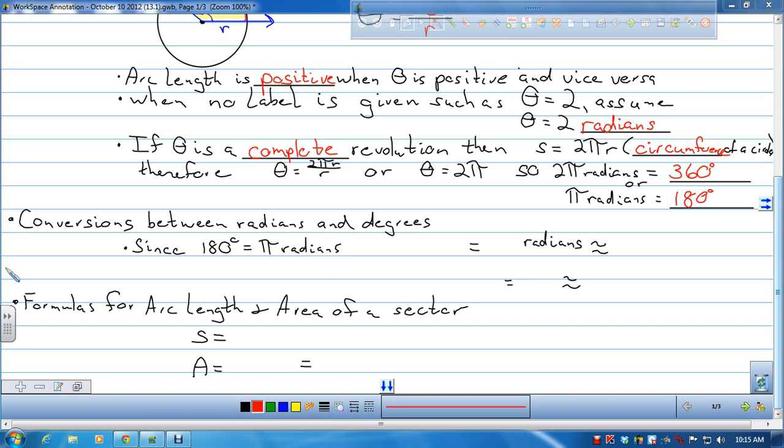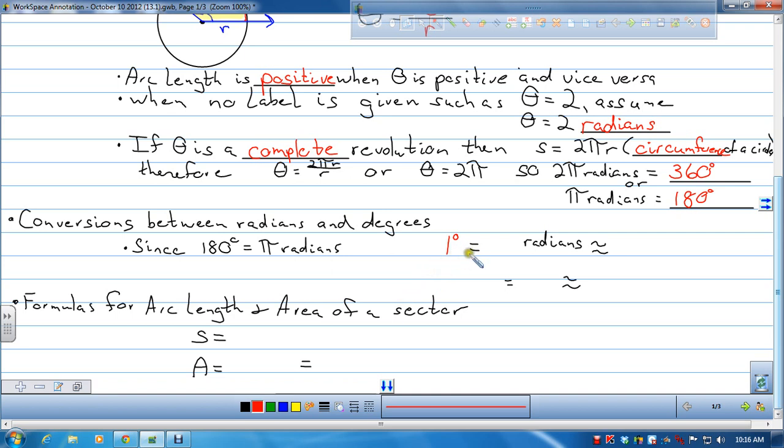So our conversions will go like this. We at some point in time will want to go from radians to degrees, and we might want to go from degrees to radians. So we need to know what to do in the event we want to do that. Okay. So since 180 degrees equals pi radians, then we're going to figure all this off of a degree conversion.